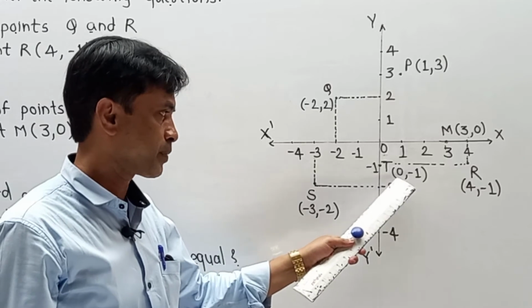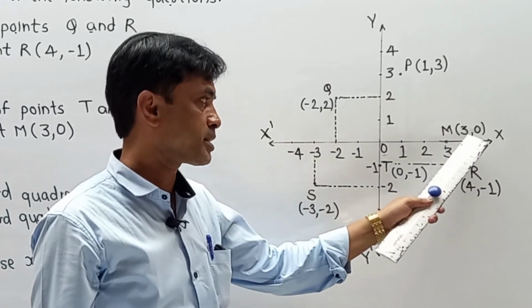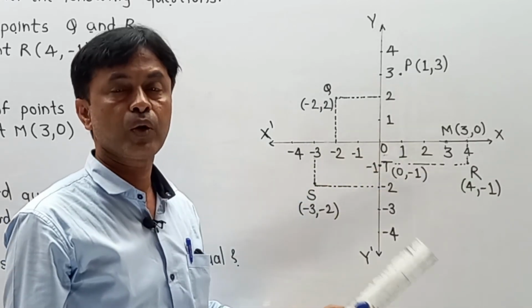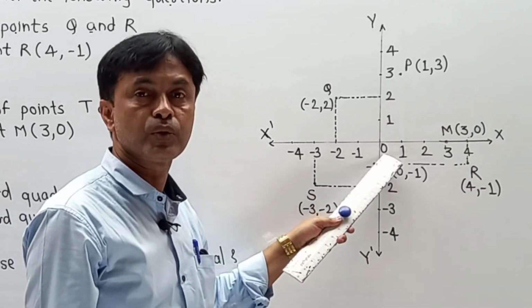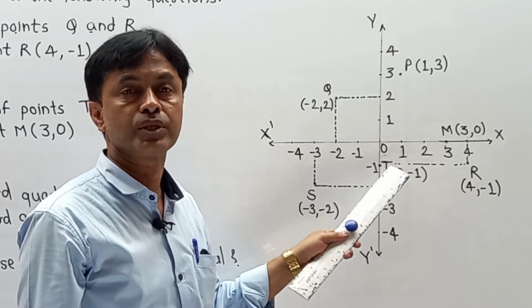Coming to point T, 0, minus 1, again these values are different. M that is 3, 0, again these values are different. Overall in the diagram all the coordinate values are different, but if you observe the central point O, having x as 0 and y also 0, that is nothing but the origin.